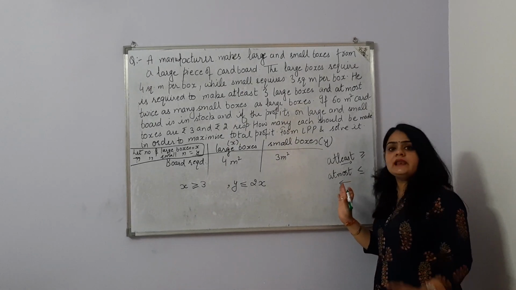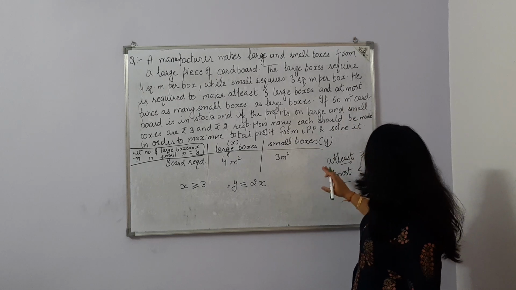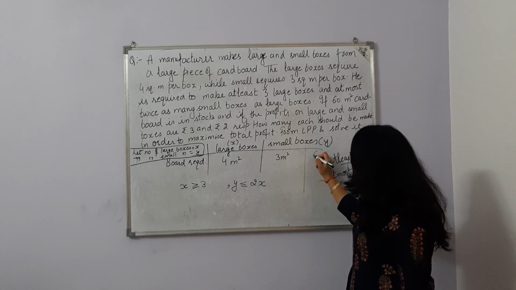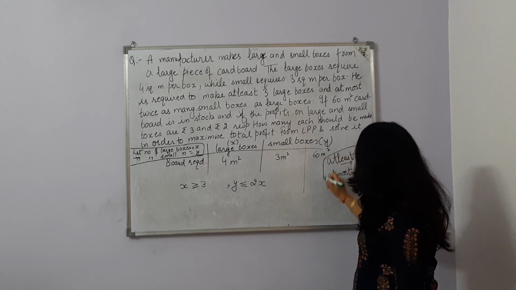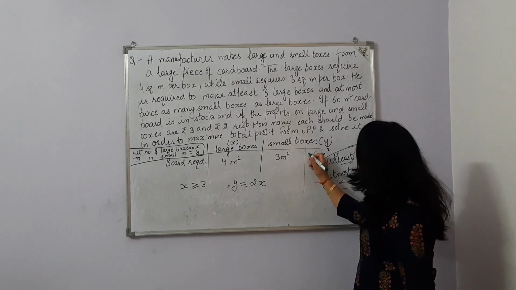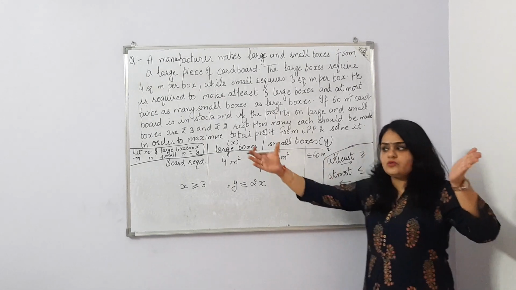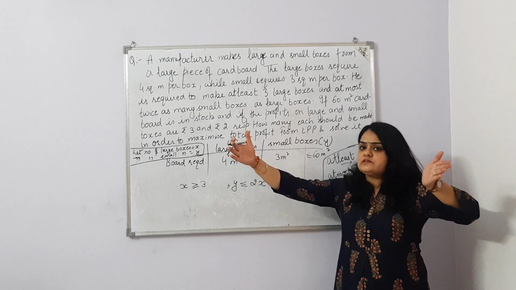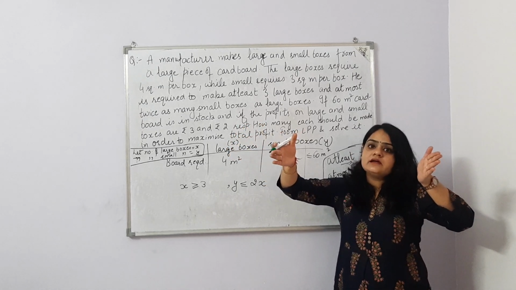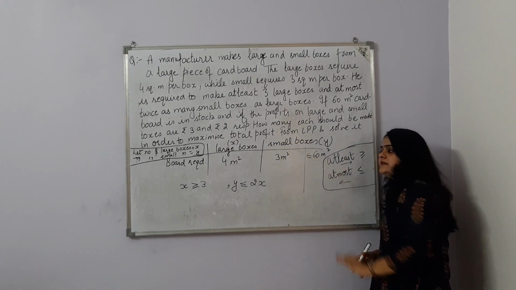So we can use cardboard either equal to 60 or less than 60, because if we have one cardboard of this size, I can use this cardboard of the same size, or I can cut that cardboard and use it. So it can be equal to 60 or less than 60.